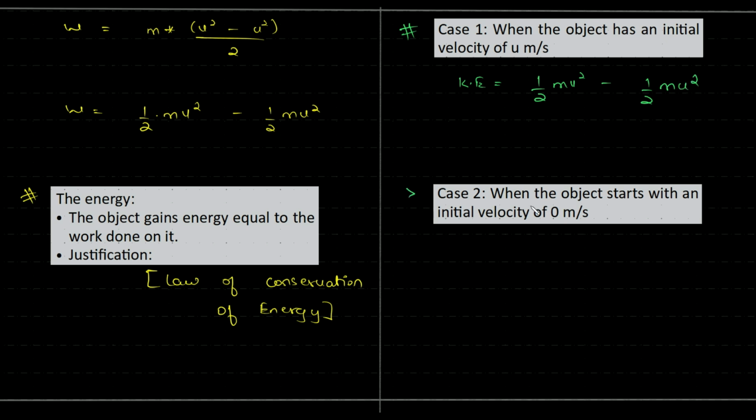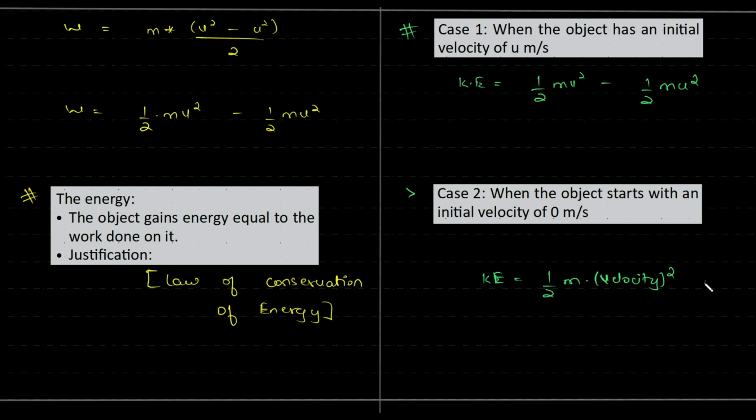The second case is when the object starts with an initial velocity of 0. If u becomes 0, what happens? 0 into anything is 0. So we have the kinetic energy equal to half m v square, where v is whatever the velocity is at that moment of time. That would be your expression for kinetic energy.